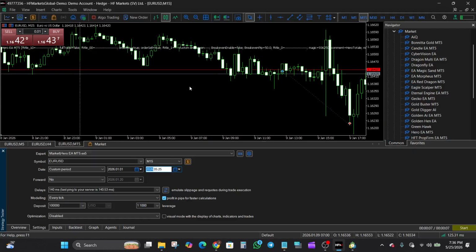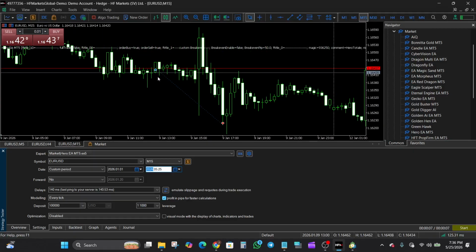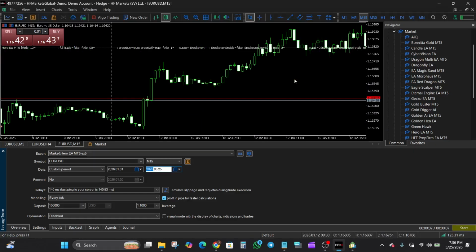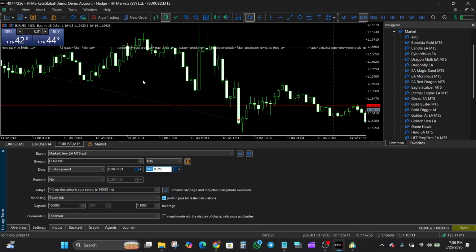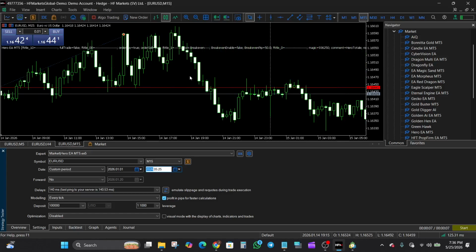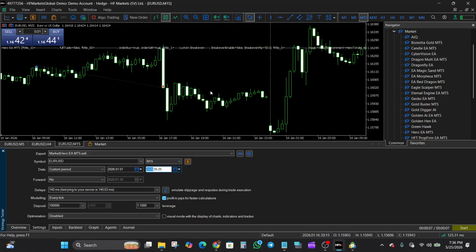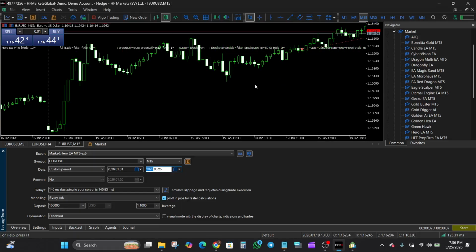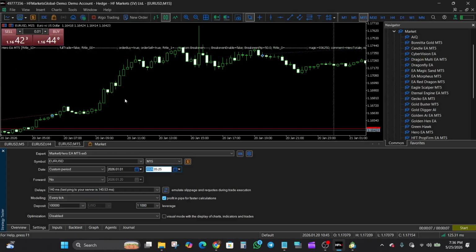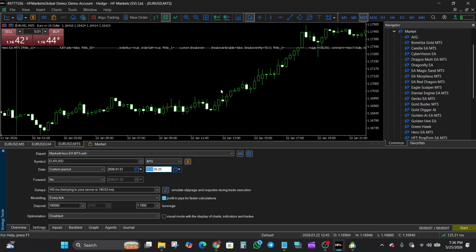Okay, so this is not exactly a scalping technique. This particular trade was quite short though compared to the others. All right, but the EA is not the type to stack a lot of trades. It's just one trade at a time based on what we can observe here on the chart history.